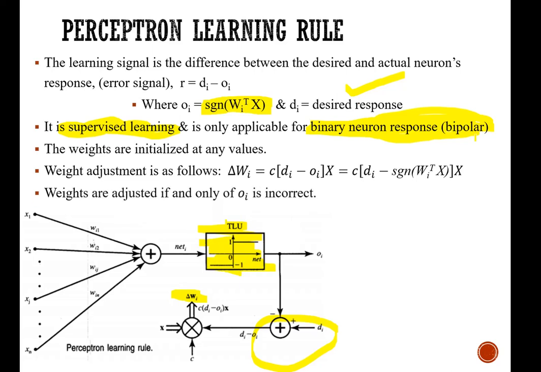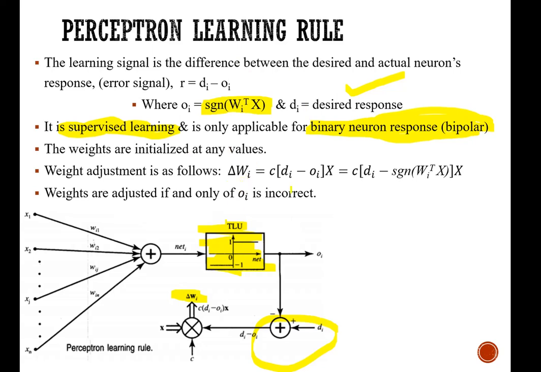When will the weights be adjusted? The weights will be adjusted if and only if o_i is not equal to d_i. So the weights are adjusted only if o_i is incorrect.